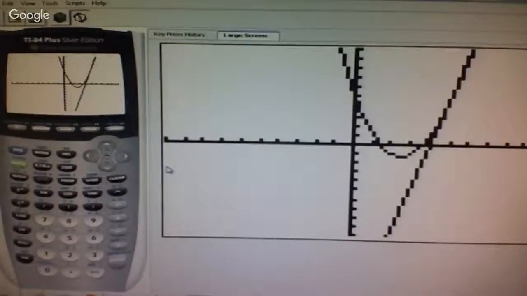There's my second one. Okay, so here's my thing. How many times does this cross? Once. No, it's not many solutions. If it was many, it would be a quadratic, and it would literally be on top of each other. It's one.